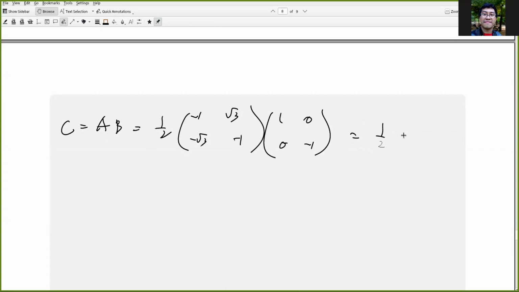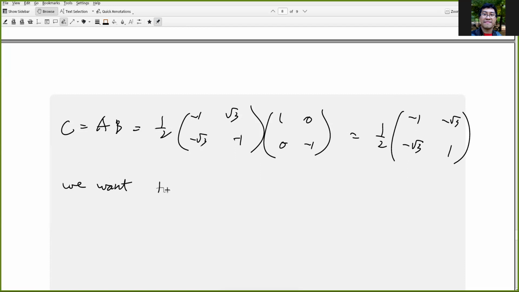This is simply 1/2 of [-1, -square root of 3; negative square root of 3, 1].